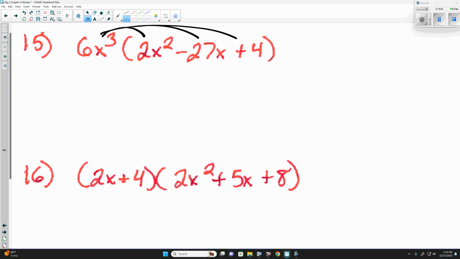So we distribute through. We'll first do 6x cubed times 2x squared. So our 6 times 2 is 12. X to the third times x squared would indeed be x to the fifth, because we add the exponents when we multiply like bases. Now the next one, 6x to the third times negative 27x.